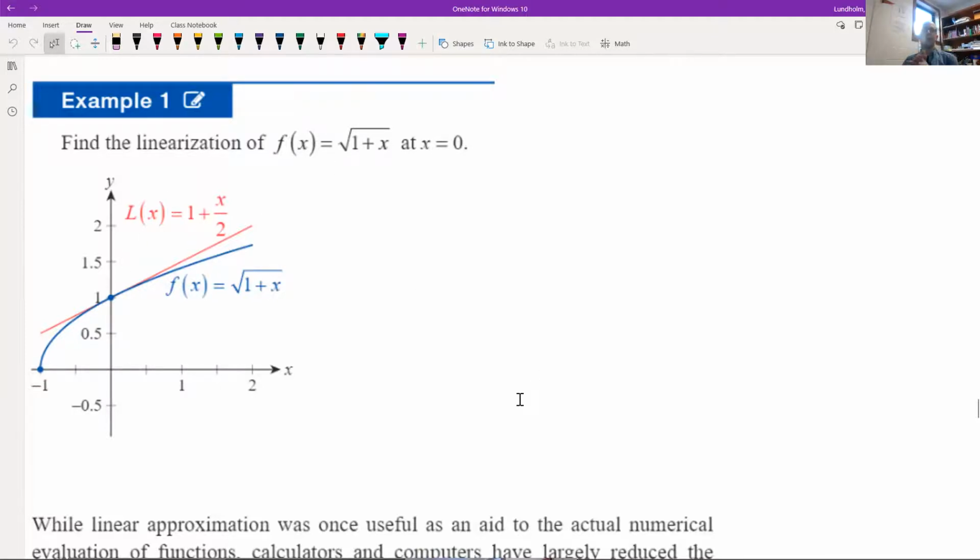So we're finding the equation of a tangent line, and in order to do that, we would need to take a derivative. We would be using a chain rule because we've got a composition of functions here.